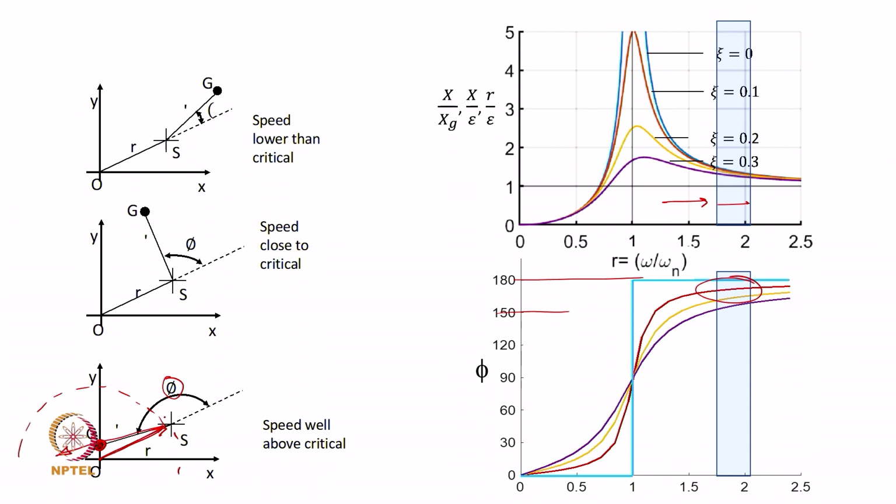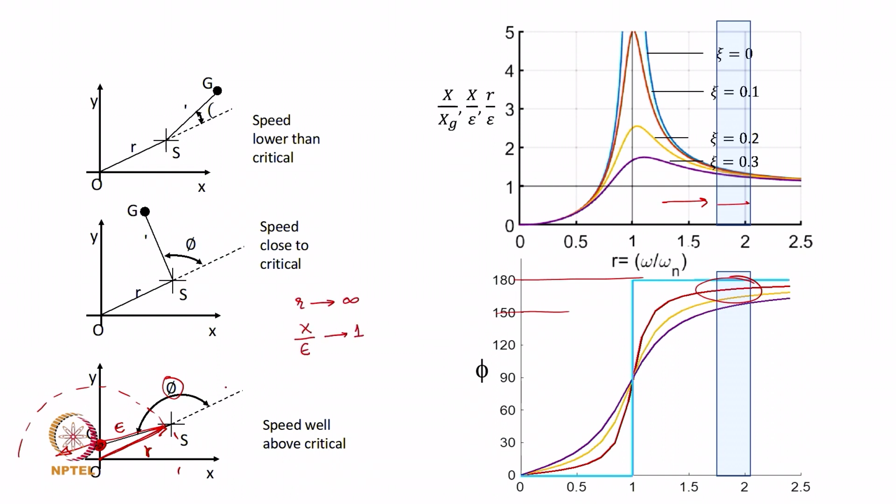Okay. And then for very large angles close to 180 degrees, it so happens that this G actually approaches a response R. You remember that for R approaching large values, what was x over epsilon? That approaches 1.